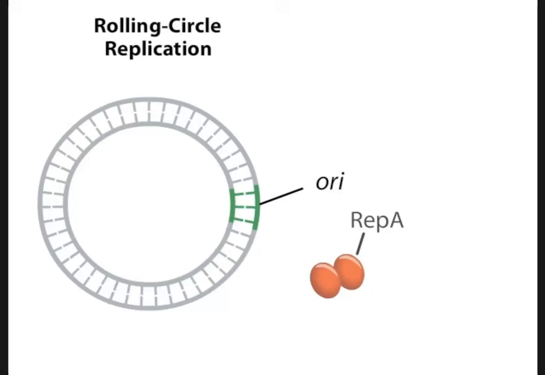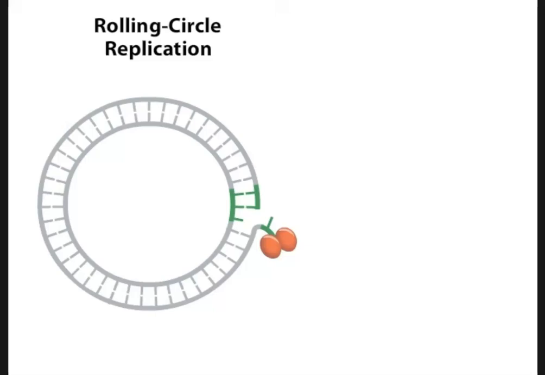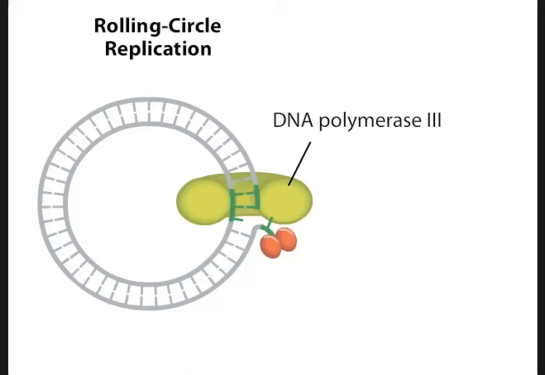Rep-A is encoded by a plasmid gene. Rep-A nicks one strand of the DNA and holds on to the 5' end of the strand. The 3' end, with its free hydroxyl group, serves as a primer for a host DNA polymerase to begin to replicate the intact complementary strand.